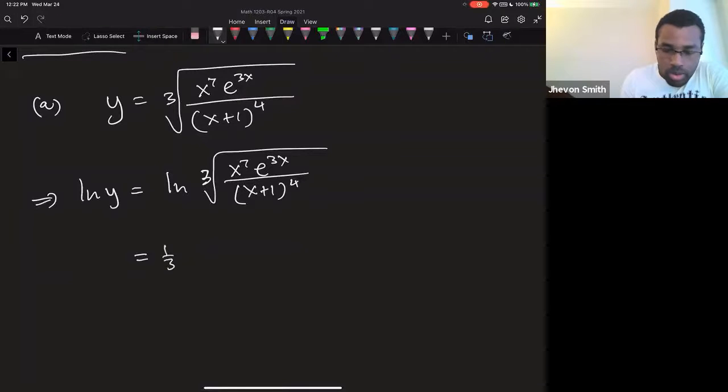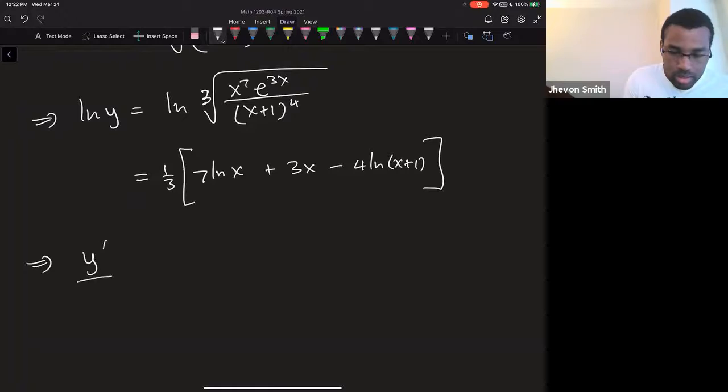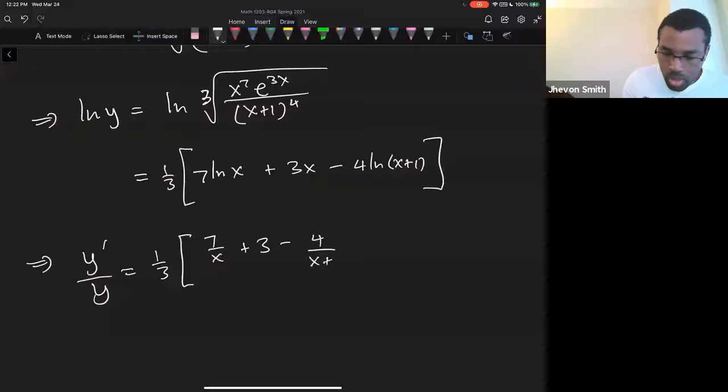It will become 1/3 times 7 ln x plus 3x minus 4 ln of x plus 1. Now, each of those individually is really easy to differentiate. So now when I differentiate implicitly, the derivative of that is 7 over x, the derivative of this is 3, the derivative of this is 4 over x plus 1.